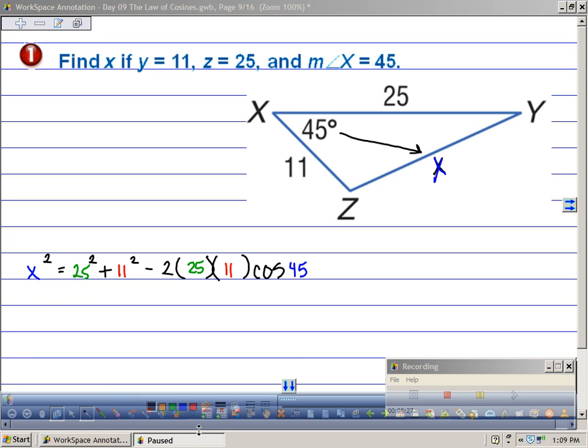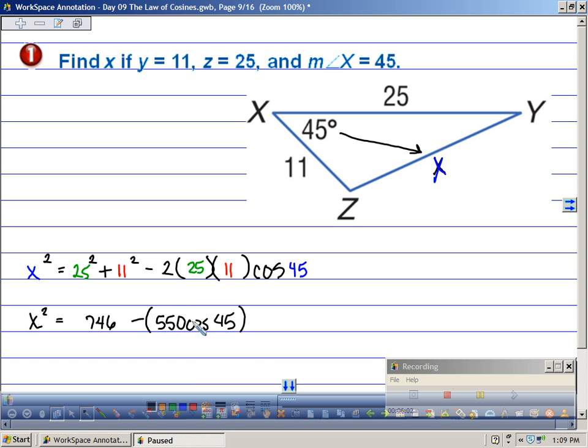As I do that, x squared equals 25 squared plus 11 squared, which is 746, minus 2 times 25 times 11, which is 550, times cosine 45. This should be treated as one whole number right here. You see that?